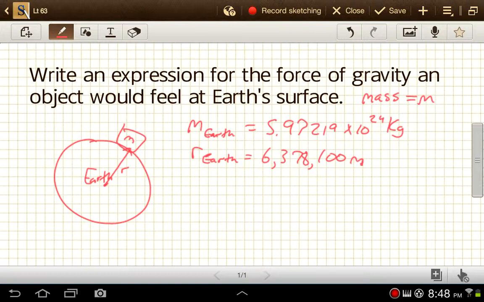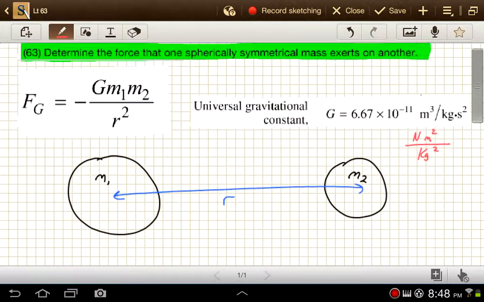So if we want to know the force of gravity acting on some object because of the Earth, that's going to be equal to negative, and then we have the product, we have G first.